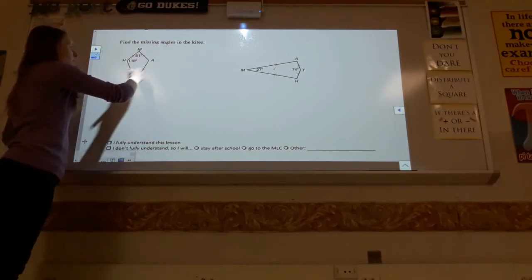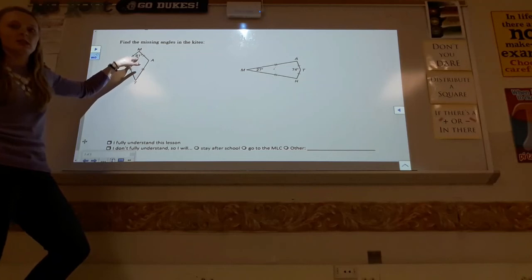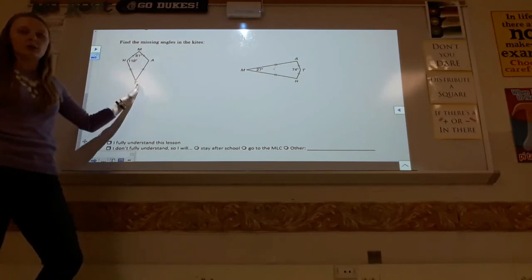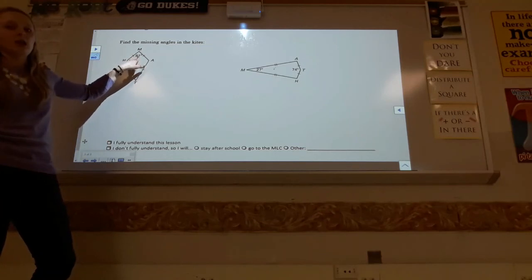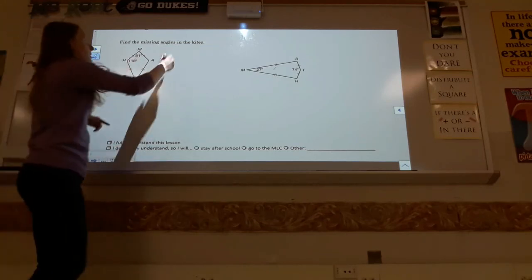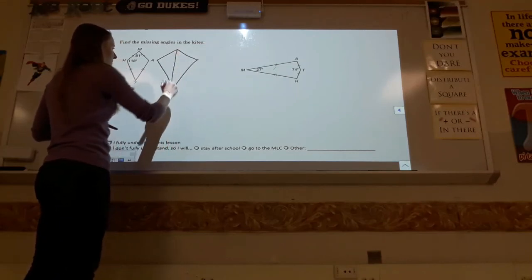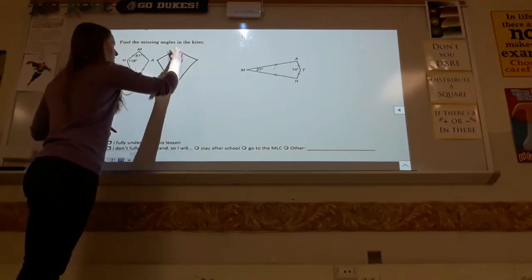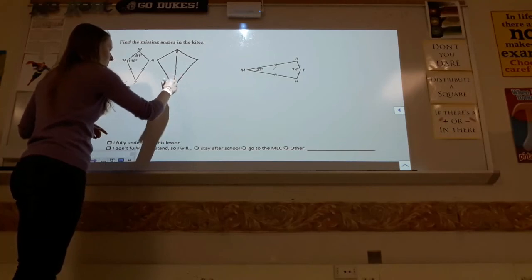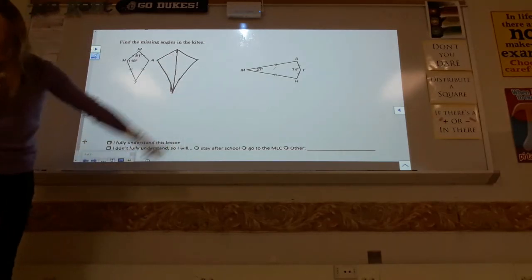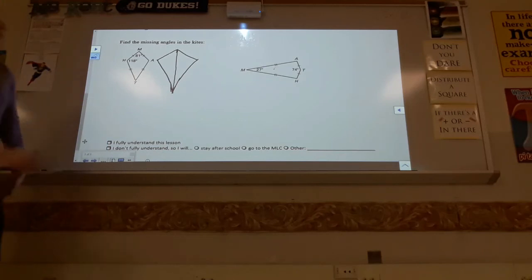So for instance, if I know that this angle right here is 81, remember that the major diagonal, which goes down the longer part of the kite, cuts opposite angles in half. So if I know that this is 81 and I redraw the kite like this, and it's cut in half, that means each of these is going to be half of 81, which is 40.5.